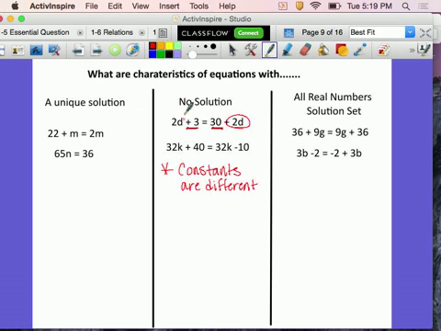However, the variable is the same, and also the coefficient.